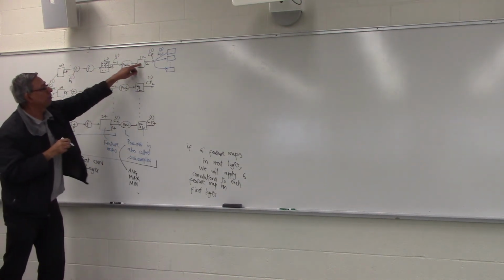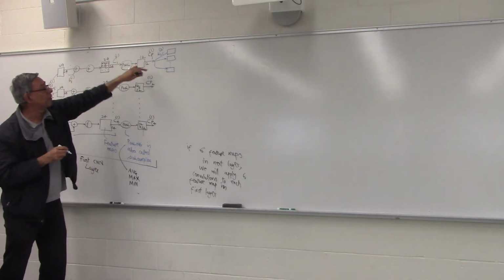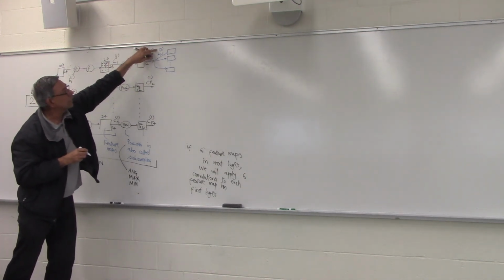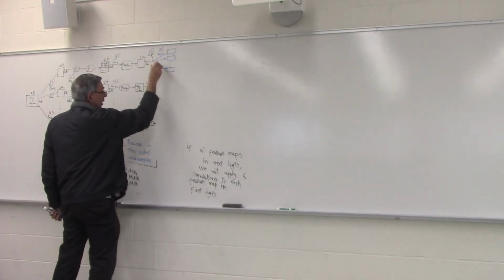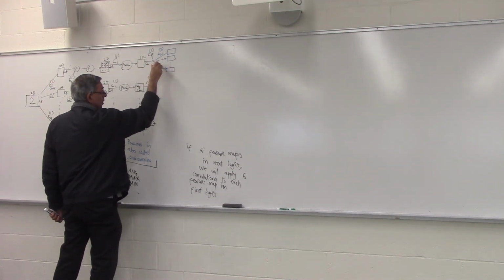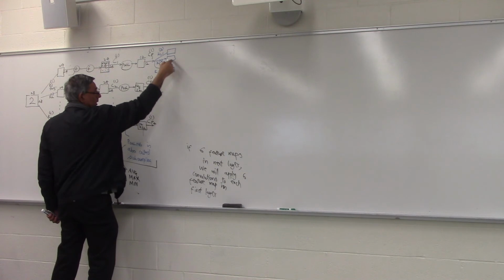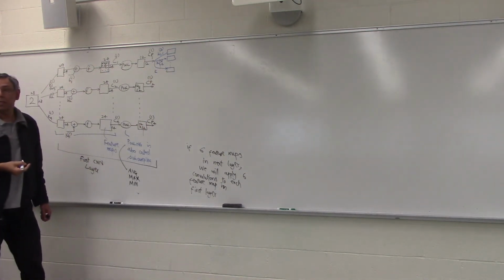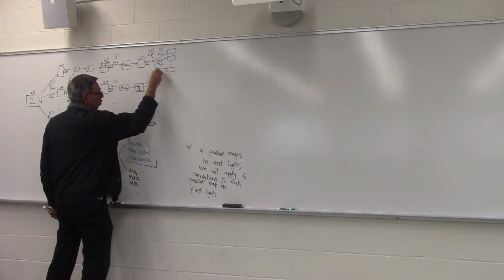Meaning from the first feature map we go to the first output, but this is the second layer, so I put 2. Same way, what will we call this? K 1 2 of 2, and the layer is 2, right? K 1 3. There are 6 of these, so this will be K 1 6 of 2.